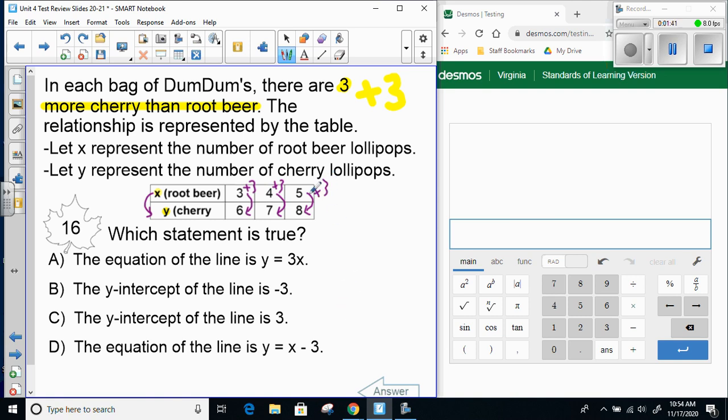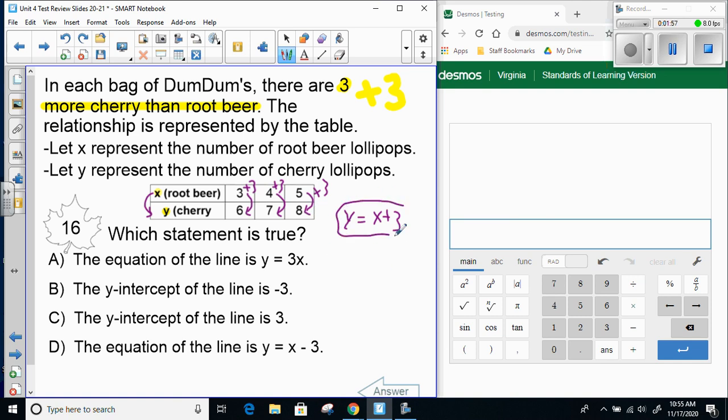So the equation of this table would be that y equals x plus 3, because we took each x value and we added 3 to it to get the y value.